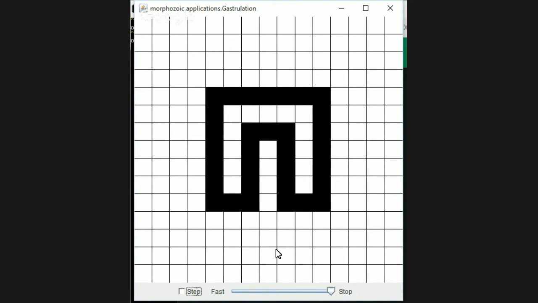If I fuzz this up a bit and sort of damage it a bit, you can see, I hope I didn't damage it too much.